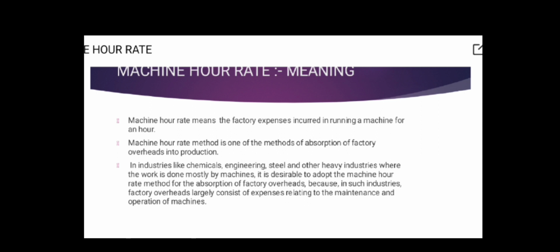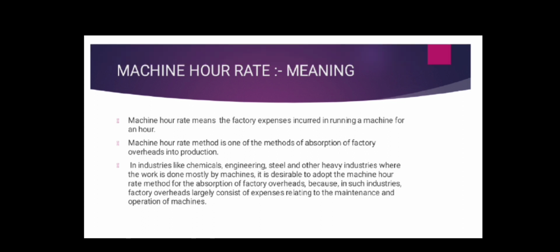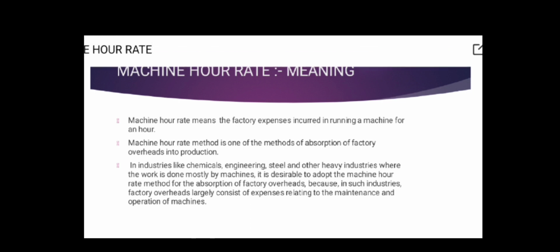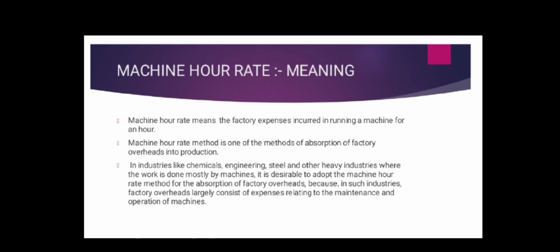The purpose of computing the machine hour rate is that each machine or a group of similar machines becomes a cost center, and all overheads are charged to a machine cost center or to different machine cost centers, if any such centers have been created within the department.